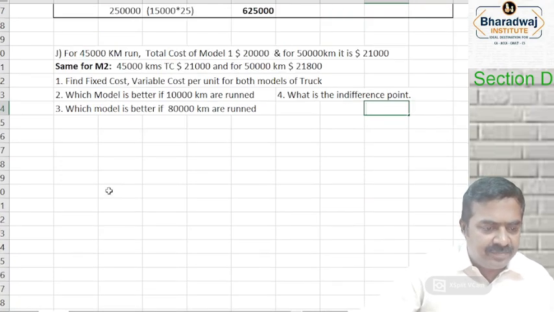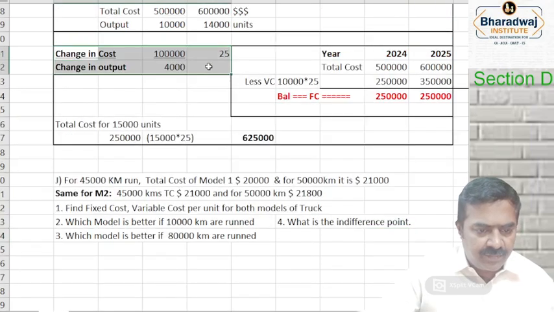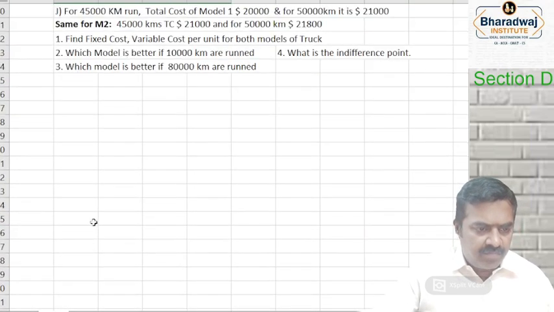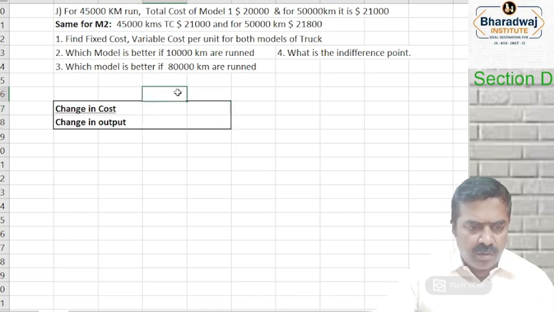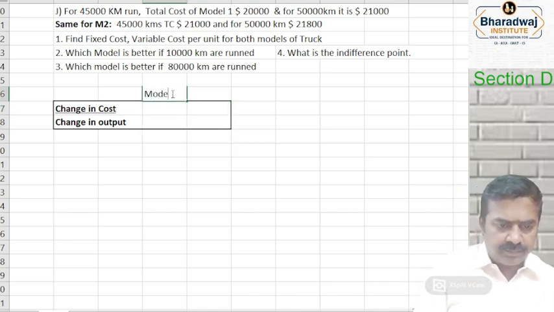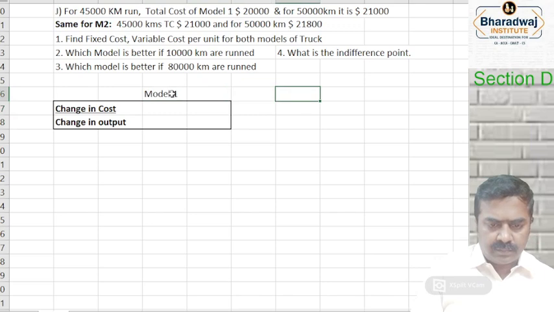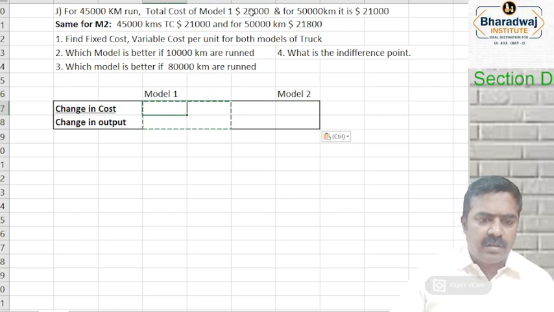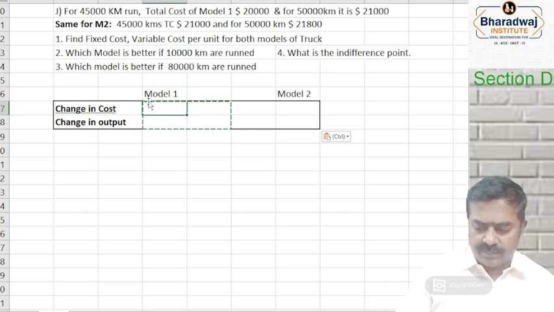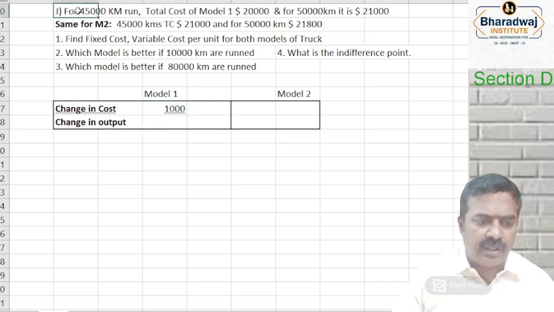Did you try? Change in cost by change in output for Model 1 and Model 2 you can work out. Change in cost, 20,000 to 21,000. That is $1,000 divided by change in output, which is kilometers here.